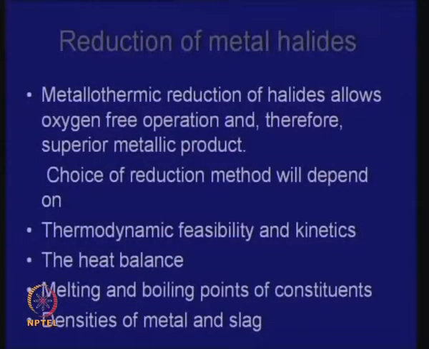Now, once we have produced a halide this way, then there is a very logical thing to go for, metallothermic reduction of halides. Metallothermic reduction means you bring in a reducing metal which will form a more stable halide.